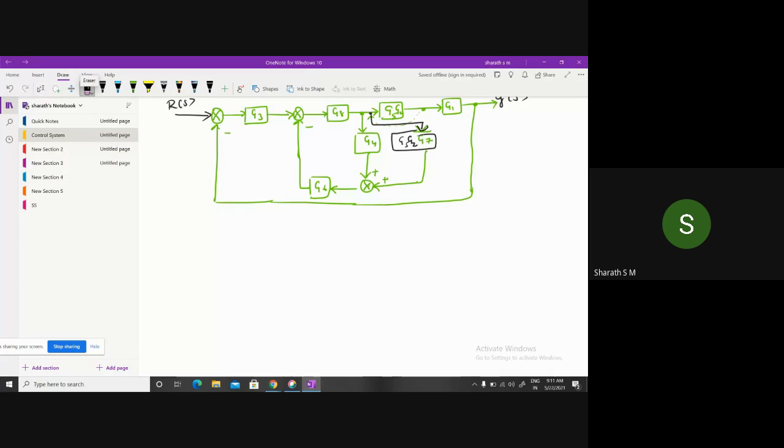So to shift the takeoff point from right to left, look at your G5, G2 as well as G1. They are in series. So write that down in a series product format. That is the first step.